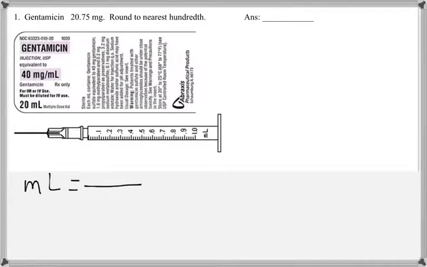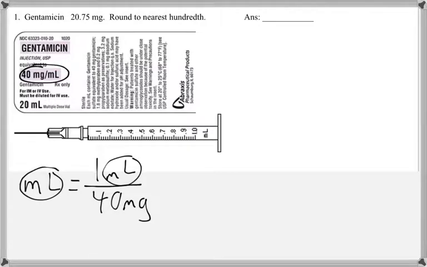So I'm looking for the strength on the label, and that's right here. So instead of writing it as 40 mg over 1 ml, I want to write it as 1 ml over 40 mg, and this is so that my units match here.